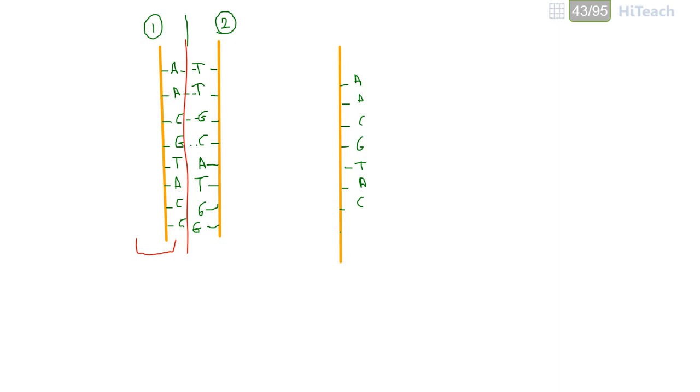They should be correct, the same: 1 2 3 4 5 6 7 8, 1 2 3 4 5 6 7 8. So this is the old strand.